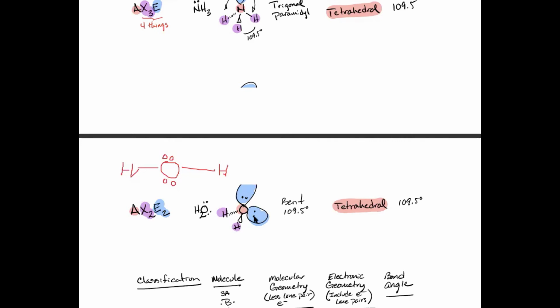So if I ignore the lone pairs as shown in the drawing, then I can prop this molecule up on its side, then it has a bent geometry. In the drawing, they're showing one hydrogen coming out of the plane of the board, one hydrogen behind the plane, and the lone pairs are in the plane.